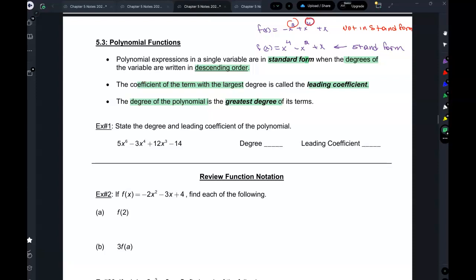Yes. What is the degree? 6. It's the highest exponent. That's the degree. The leading coefficient is the coefficient of that term. So the degree was the 6, and the 5 is the leading coefficient.